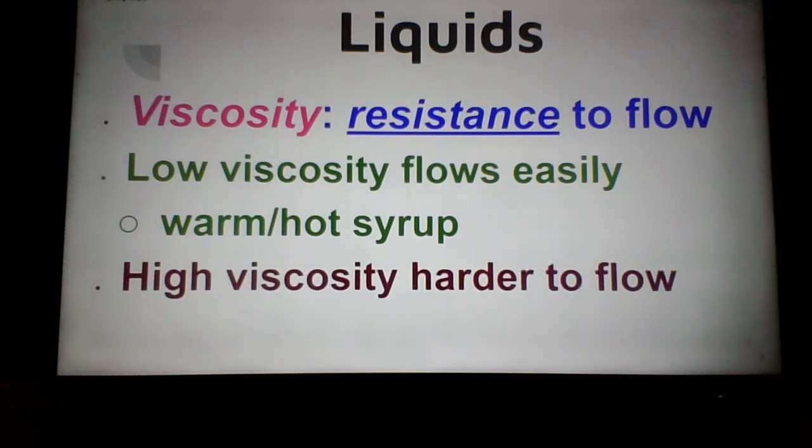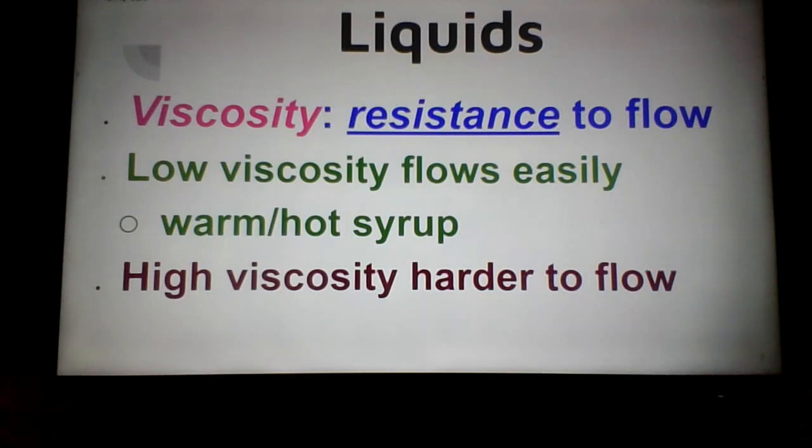Then in the morning, try to dump that syrup out of the bottle onto your pancakes. Because of cooling down in the refrigerator, the particles are much closer together, making that syrup much thicker, therefore higher viscosity and harder to pour. Warm up that syrup in the microwave, give those particles more kinetic energy, and they will spread further apart, thinning out the syrup and making it much easier to pour.